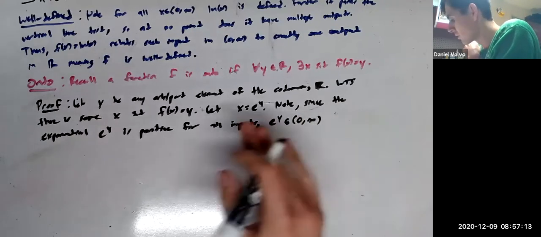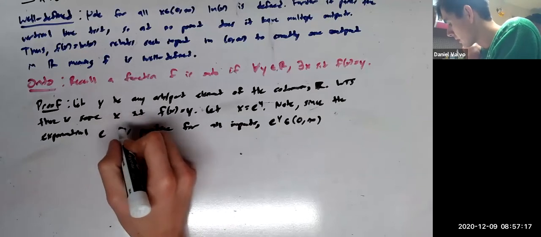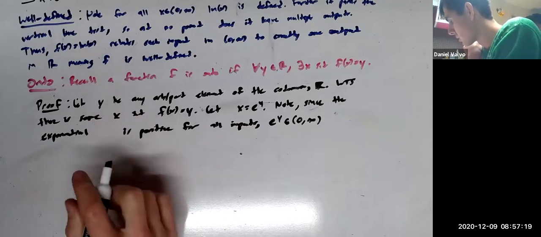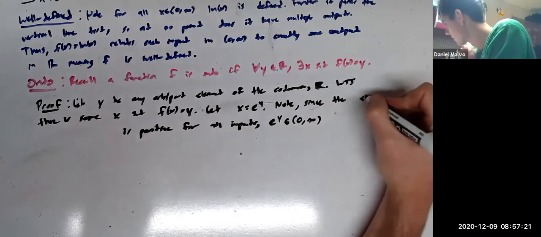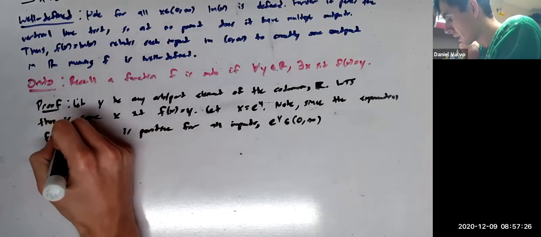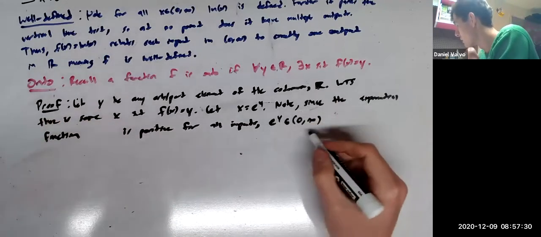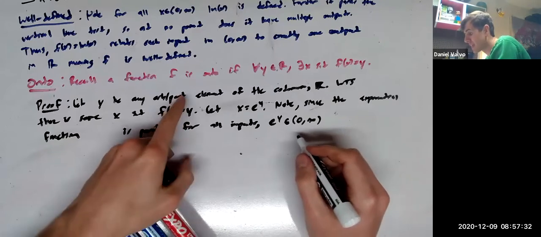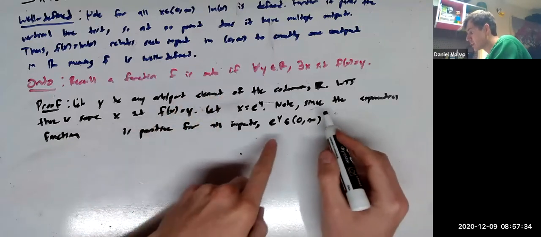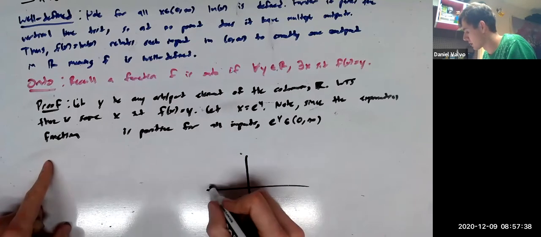Or maybe I'll put it like this. Notice, since the exponential function, being e raised to something, is positive for all inputs, e to the y must be in here. So y is this particular element of the codomain, and we note that the exponential function is always going to be positive, because if you look at the exponential function, it looks like this.